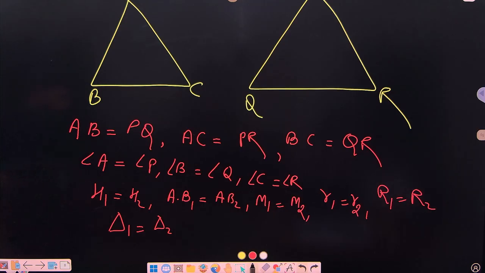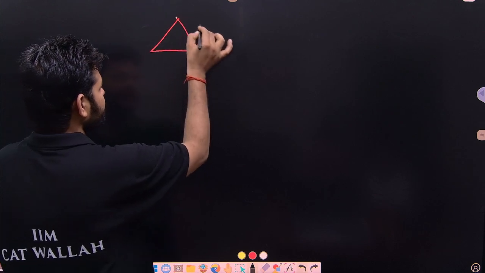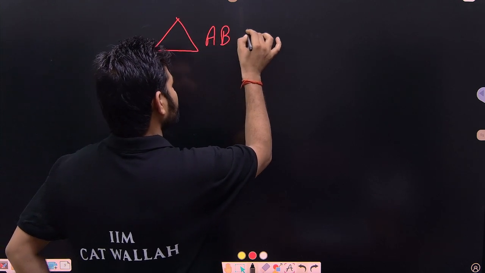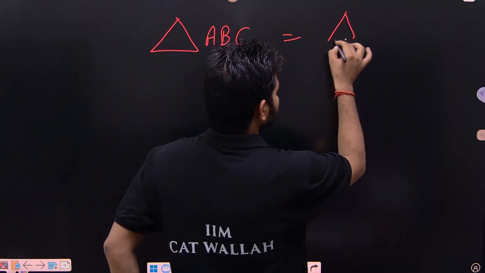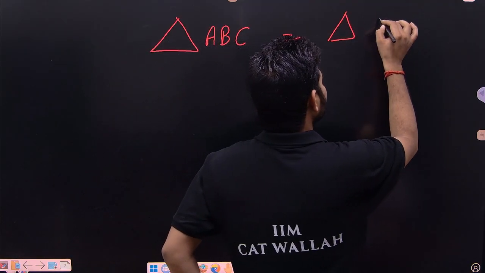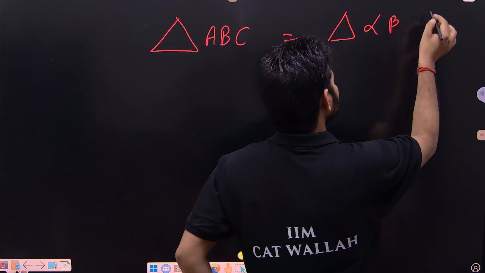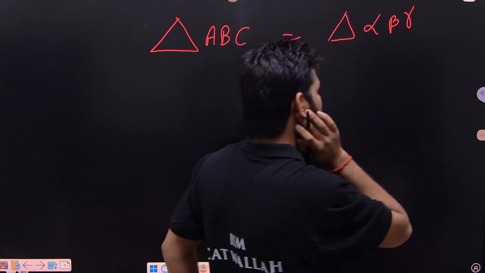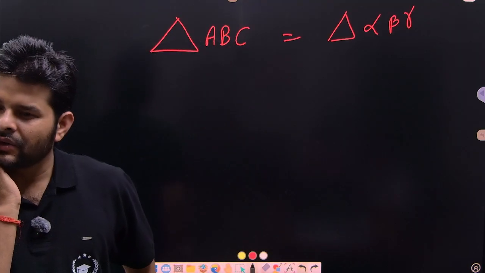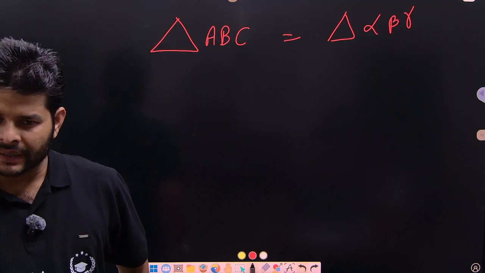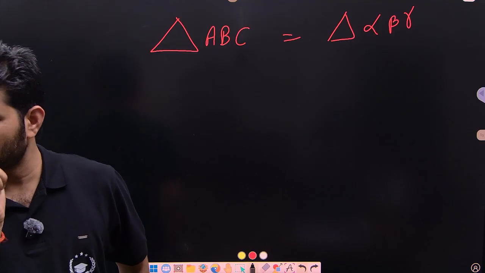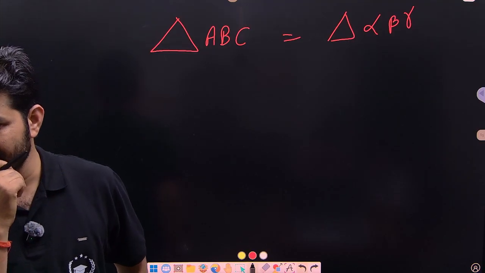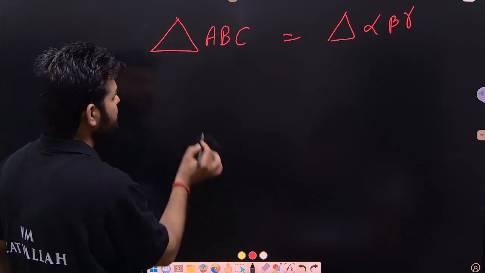Done. Suppose we have given this triangle ABC and another triangle, I am taking alpha beta gamma. If I talk about the real condition that must be equal in both the triangles, what would be equal first?